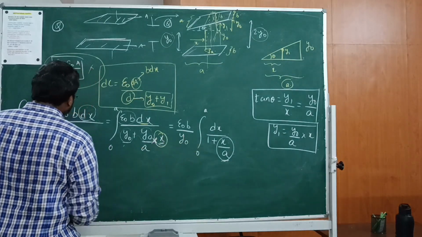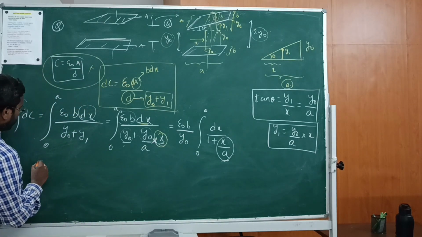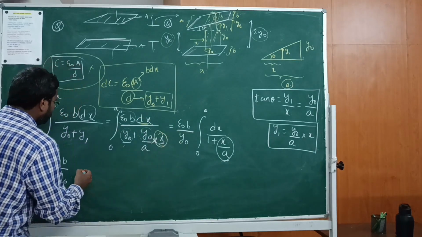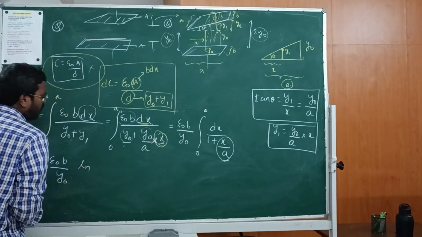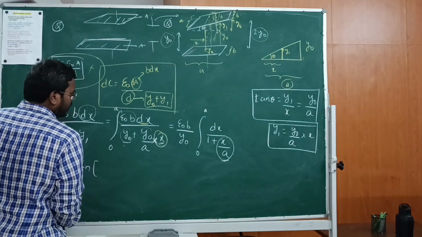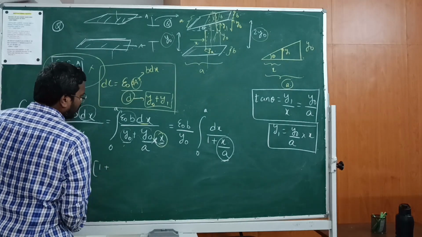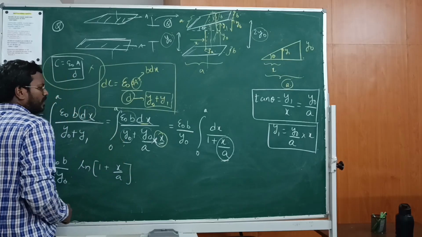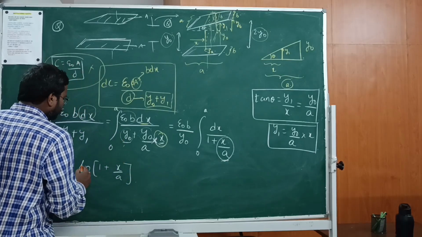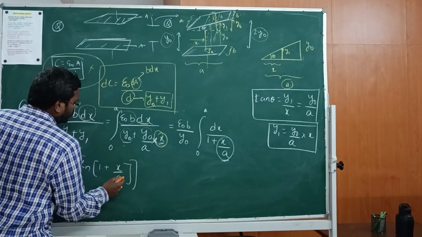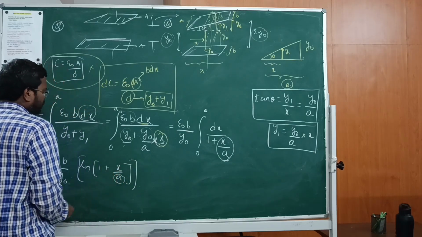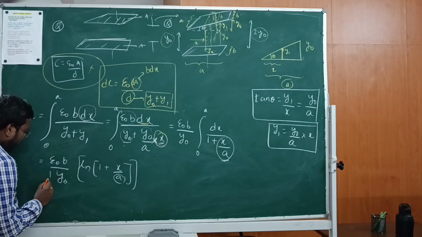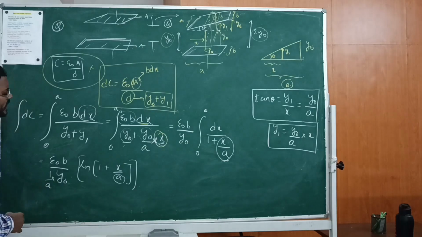So the equation we get is epsilon naught b by Y naught, and the integral of dx by 1 plus x by a is going to be ln of 1 plus x by a. Then we differentiate this and we get 1 by a, and that 1 by a we should write here. That is how we have to do the integration.